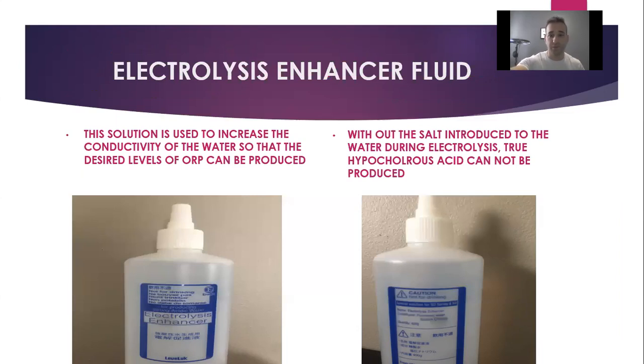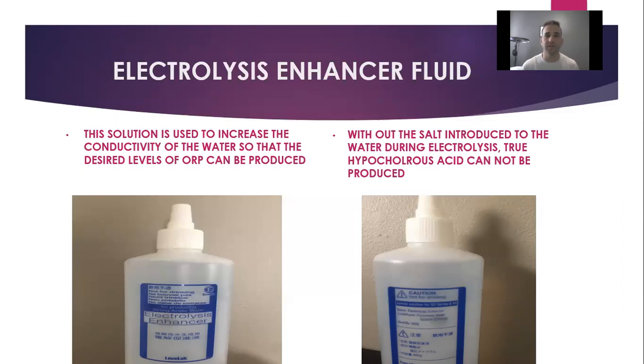And if you look at the picture here, this is just a bottle that is ordered off the Enagic site, electrolysis enhancer. It lists the constituents: processed water, which is filtered, purified water, and sodium chloride, which is salt.